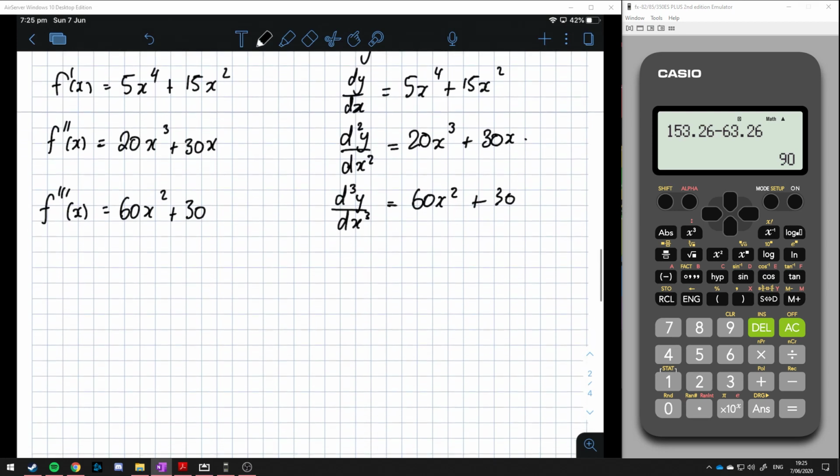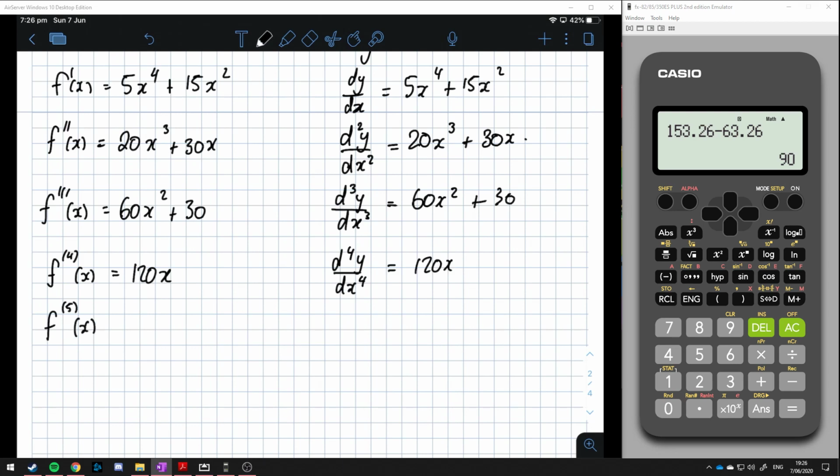Continuing this pattern on and on, we're not going to use the dashes now; we're going to write f of 4 of x, which is equal to 120x, or d4y over dx4 is equal to 120x. Then f of 5.